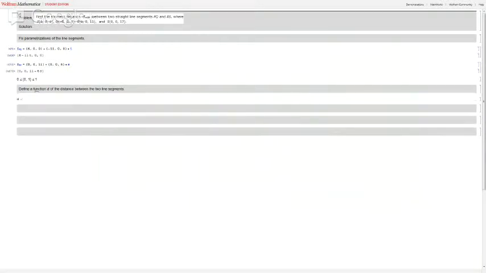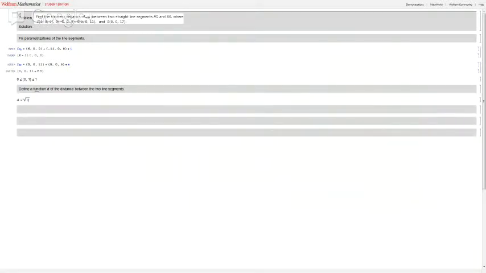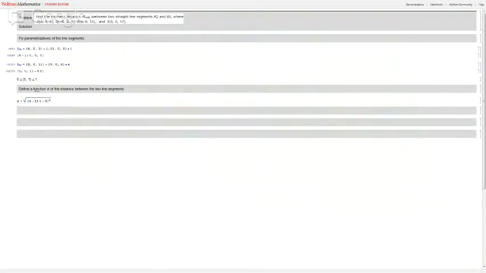So d is, applying the distance formula, the square root of 6 minus 11t minus 0 squared plus, as a formality, I'm going to add 0 minus 0 squared plus 0 minus 11 plus 6s squared.